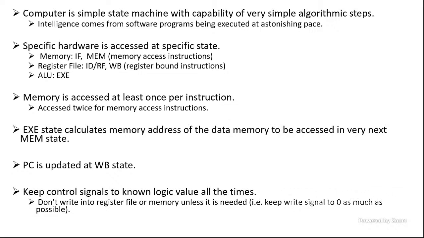So the default values for the control signals for the register file and the memory controller are a no operation, a 0, or at least a read operation. A read operation is a safe operation, reading from the memory or the register file. A dangerous operation is always a write operation because it changes the state of the program.